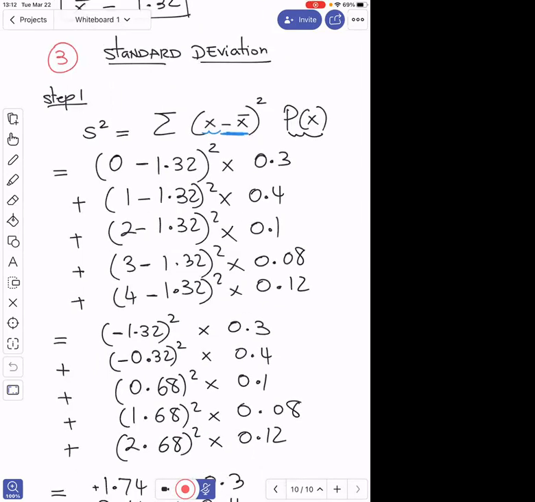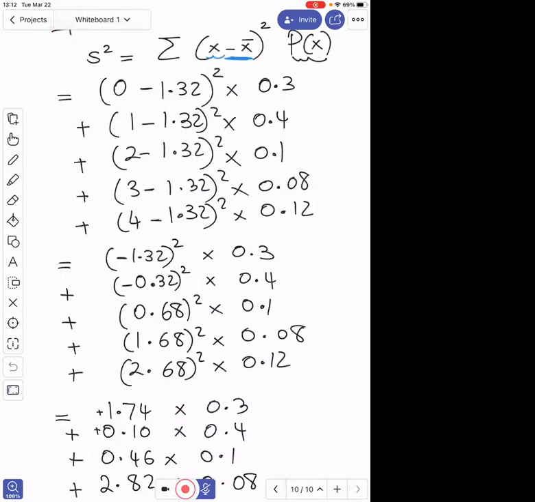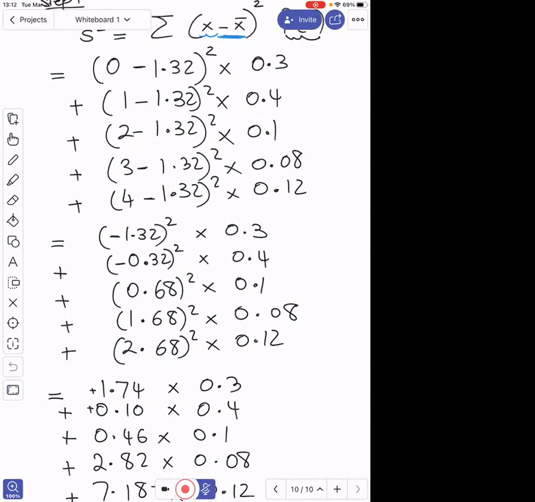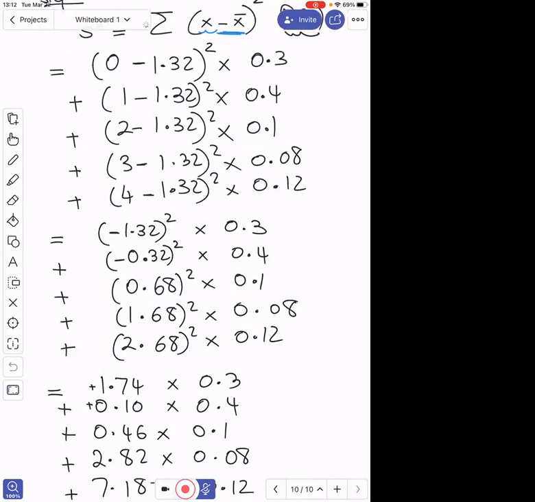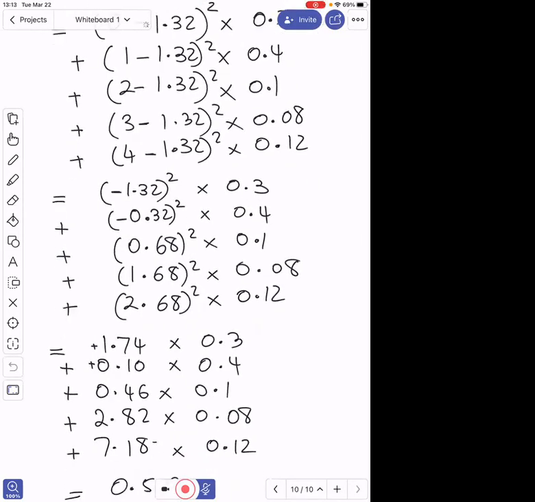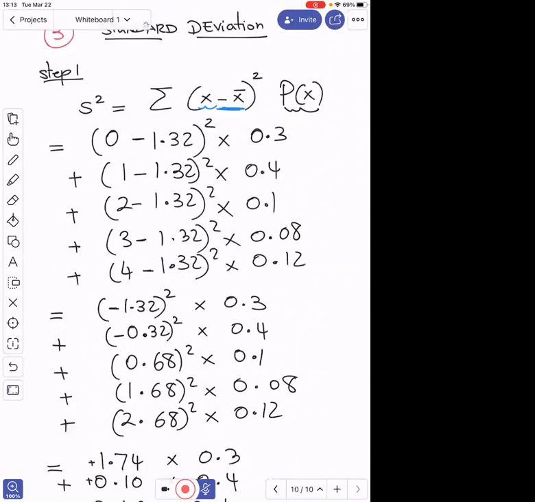Actually, you can use this formula to compute the standard deviation of your data set. But in this case, when we have a probability distribution, it's easier to use this formula. Of course it's the same thing.